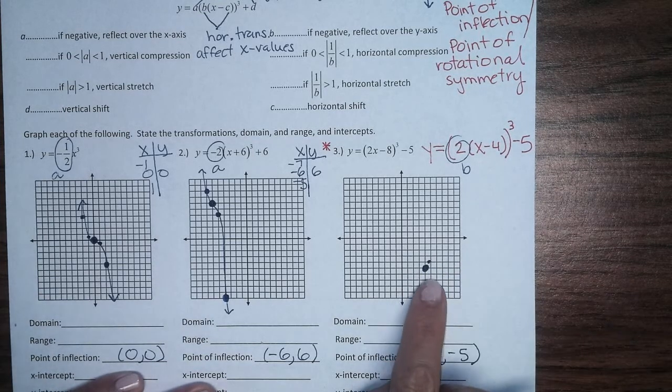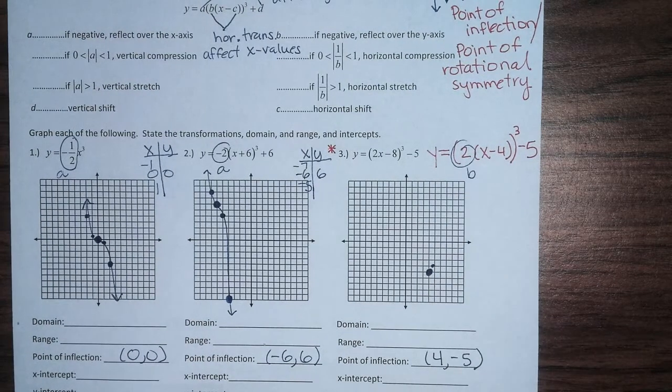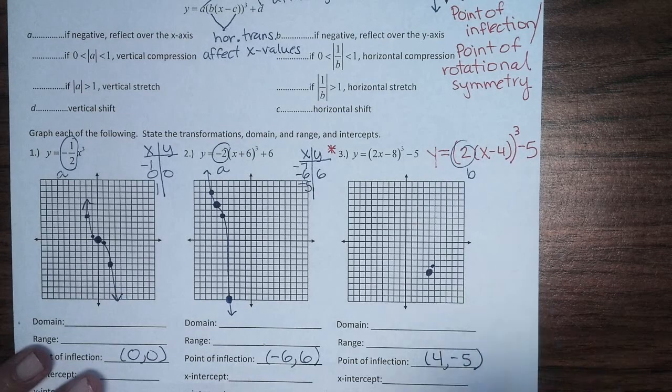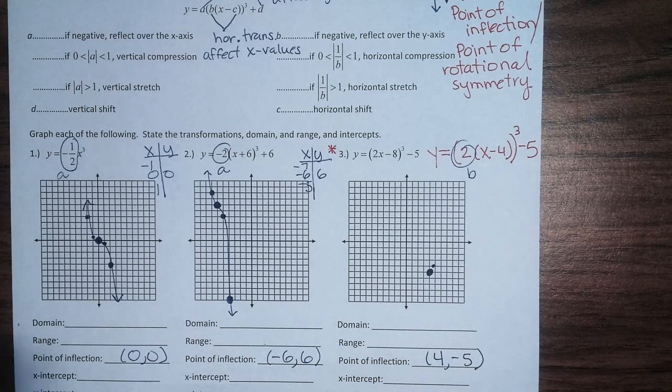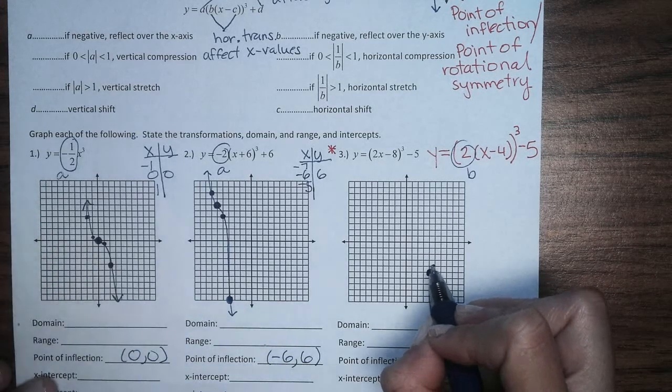The reason I only went to the right half is that this 2 is a horizontal compression by half. That means you change your x values by half. So I did half to the right and up 1.